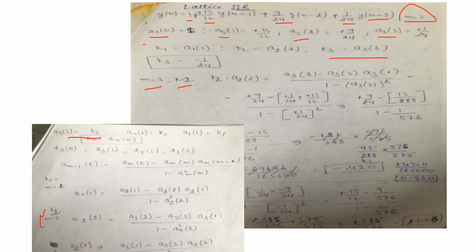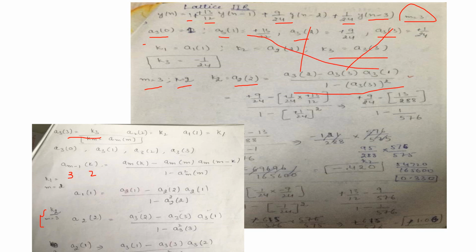Okay, so in this formula you have to put m is equal to 3 and K is equal to 2. Clear? So this is 3 minus 2 is 1. A2 of 2 is equal to A3 of 2. Okay, in this formula you have A3 of 3 and A3 of 2, you have the values of A3 of 3, and A3 of 1 is also given.